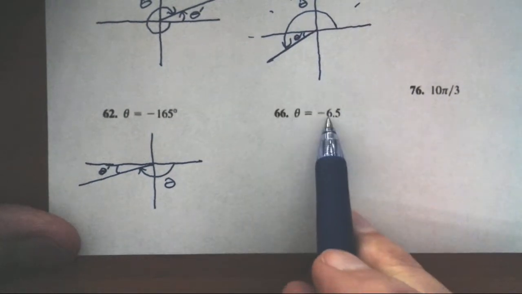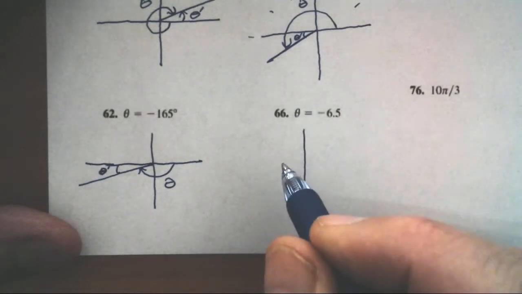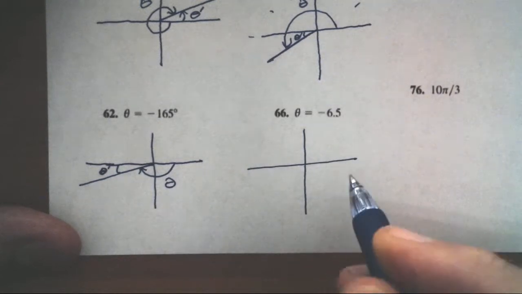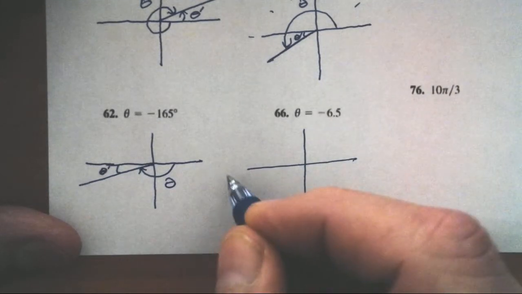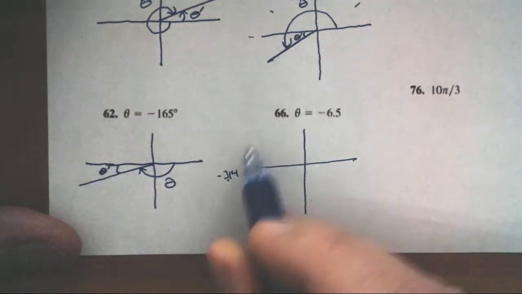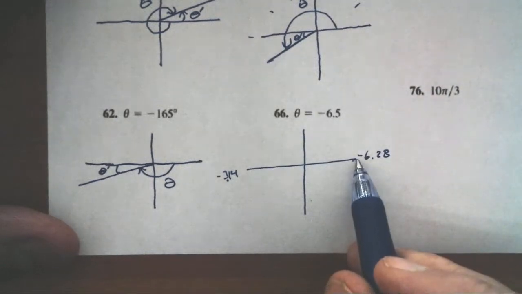Now, to throw us off track a little bit, careful. This is radians here. So negative 3.14 would spin me around to here. Negative 6.28 would spin me around to here.